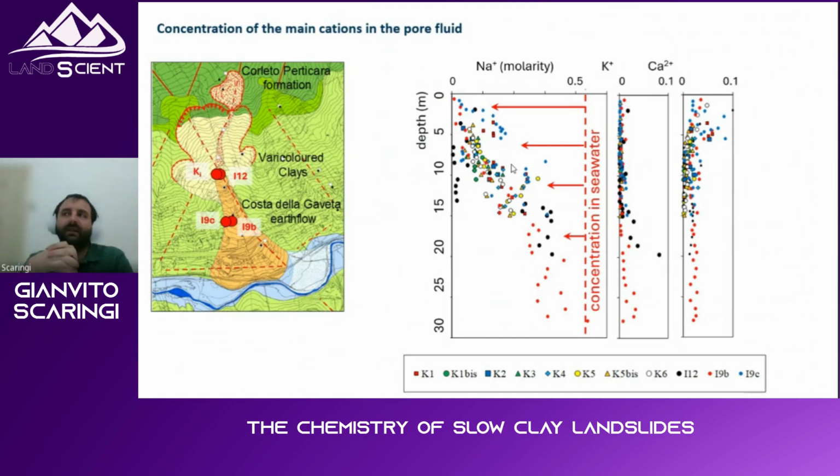We did a number of experiments in which we evaluated the composition of the pore fluid of landslide soils, of the stable formation, of surrounding areas also. And what we found is a profile of the type which is shown here. Over the years, we did many of these profiles, not only for this landslide, but for other landslides in other regions in the Apennines.